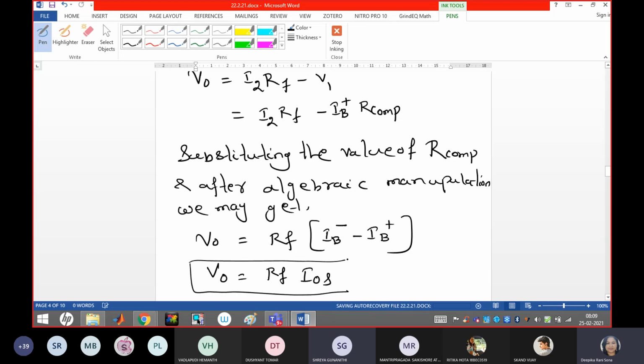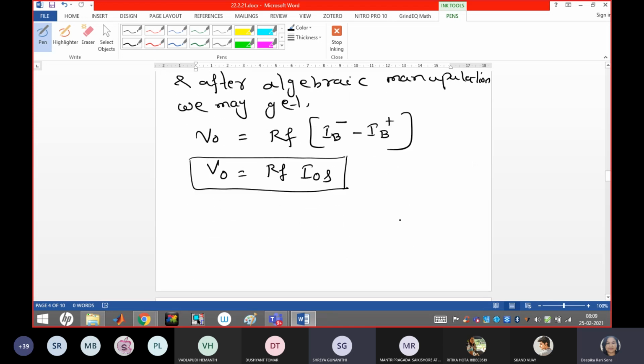So now at this final equation of V0, we can see that if the IOS is 200 milliamp by default and RF is 1 mega ohm, what should be the value of V0?